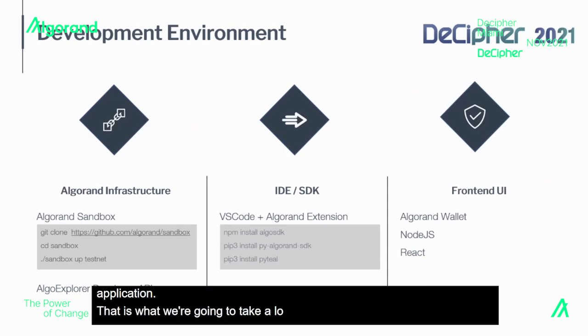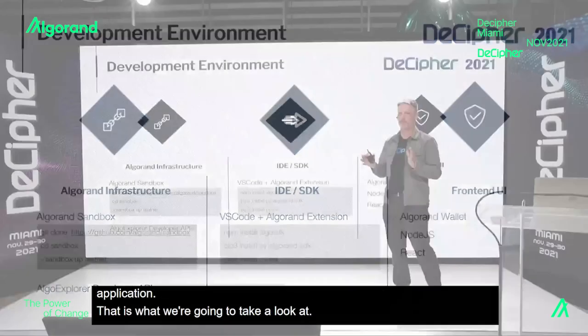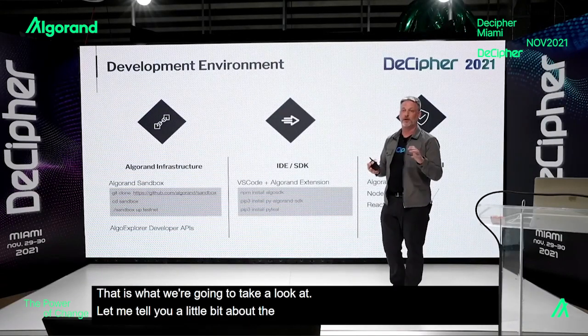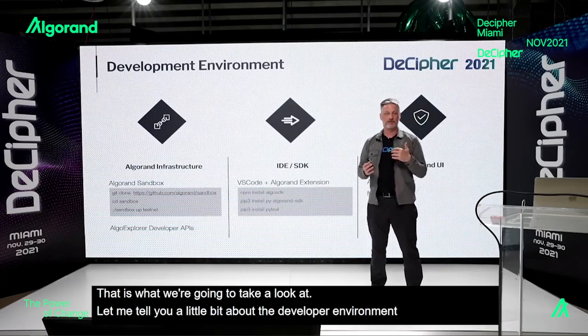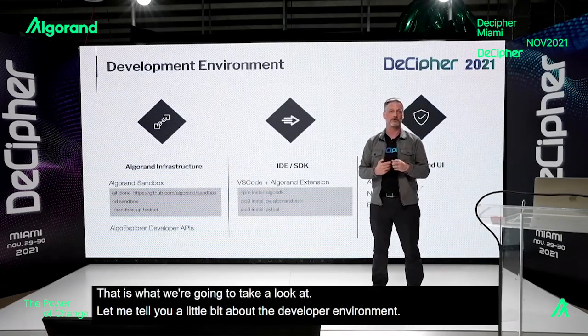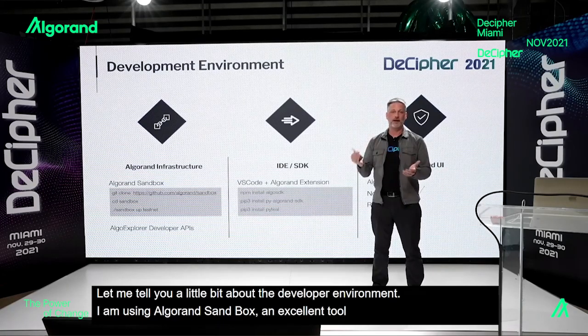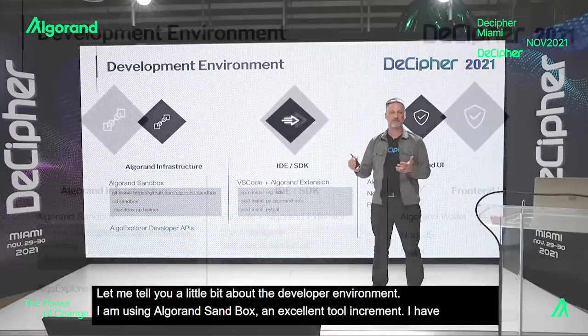And let me tell you a little bit about the development environment that I've got set up on my machine here. I am using the Algorand sandbox, which is a great tool for developers to quickly spin up their infrastructure. I am connecting to the testnet. So I have downloaded the repo and I have issued the command sandbox up testnet.